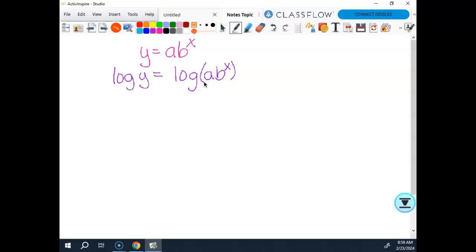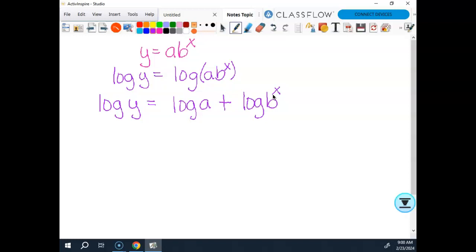All right, so now on the left, log of y is just going to hang out and be log of y. On the right-hand side, I have this exponent x. Can I bring x out in front right now? No, because it's not on the whole thing, right? Can I split that, though? Yes, okay? So that means I would get the log of a plus the log of b to the x.